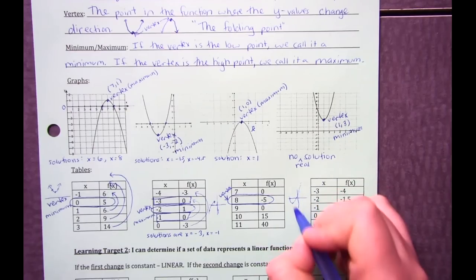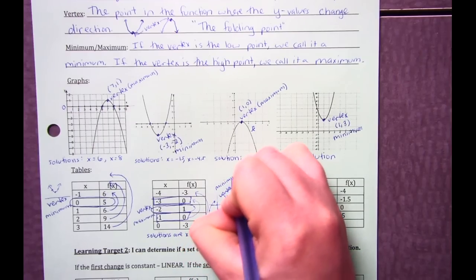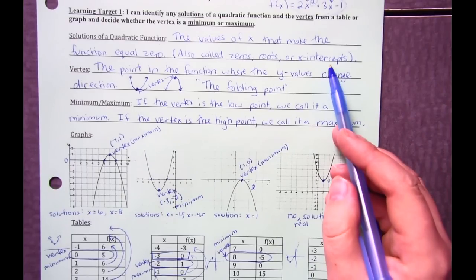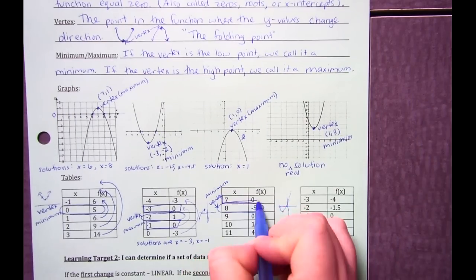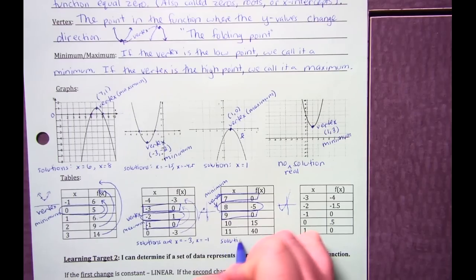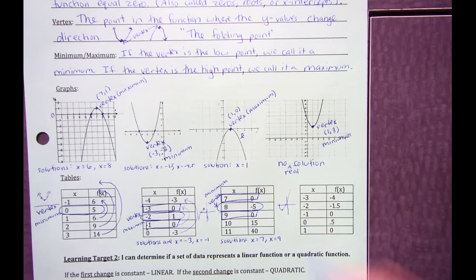So we know that that vertex is a low point, so it's a minimum. And then my solutions are just the x-intercepts, and that happens here when this y is 0 and here when that y is 0. So my solutions are x equals 7, x equals 9.